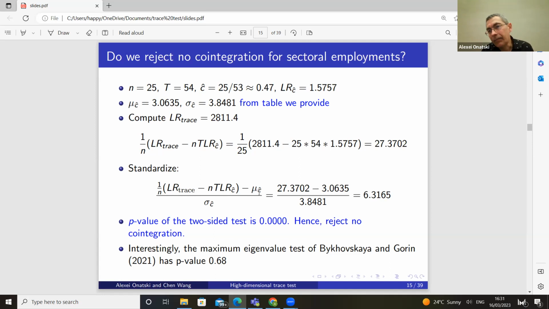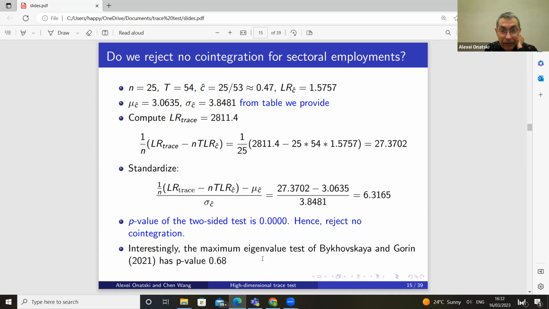Standardized by subtracting mu and dividing by sigma, you're getting this 6.31. Now you need to use the usual two-sided test. You should compare this with 1.96 by absolute value. And the p-value here will be really 0.000000. It's 10 to the power minus 10. So it's really rejecting the null of no cointegration.